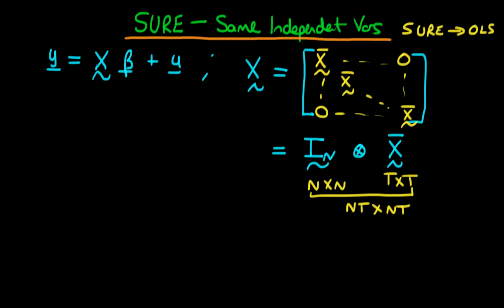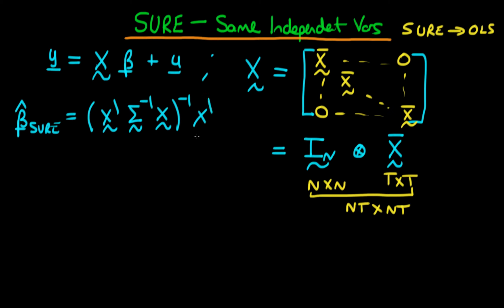Okay, so why have I done this? Well, it's going to become much easier to think about the SUR estimator in terms of Kronecker products. So let's remind ourselves of the explicit form for the SUR estimator. We know that beta hat SUR is equal to (X' Σ^-1 X)^-1 times X' Σ^-1 y.